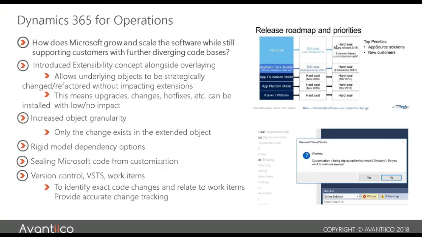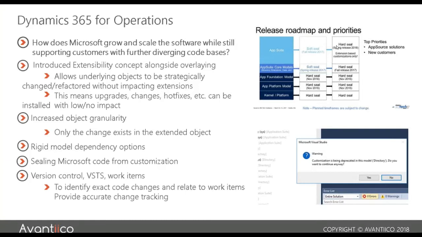Why is this important in an upgrade? Well, if you're running AX 2009, 4.0 or AX 2012, and you've overlaid standard Microsoft code, the recommendation will be that you have to move that to an extension. That could be a significant undertaking. There is help, from your partner and also from Microsoft.